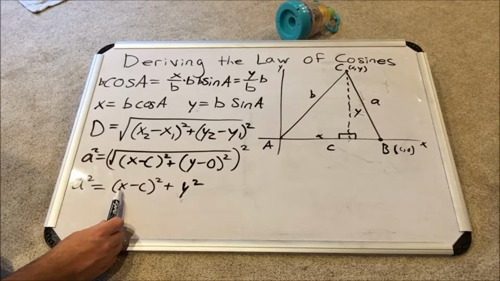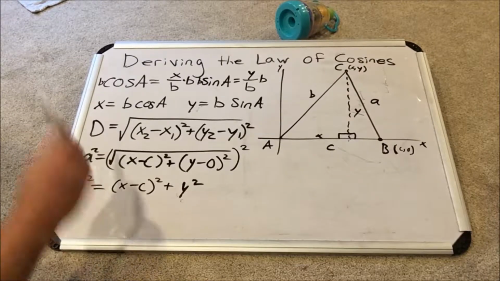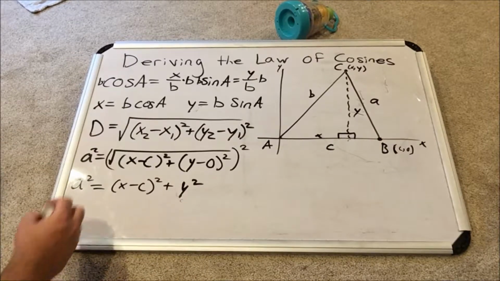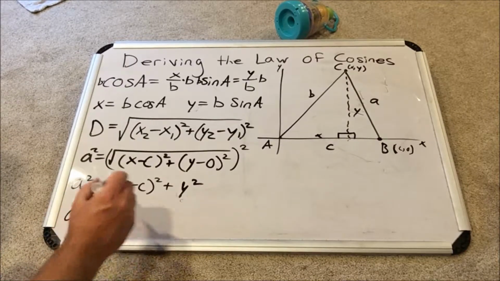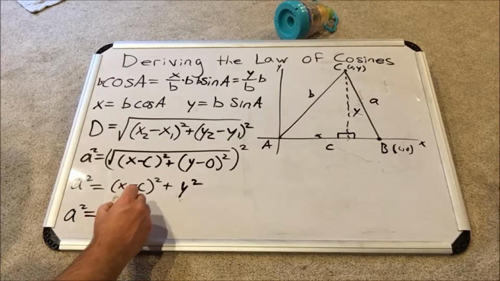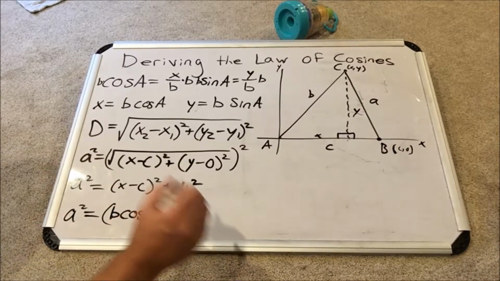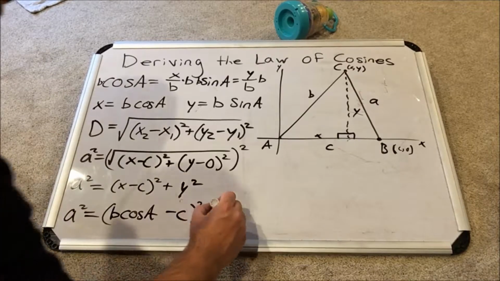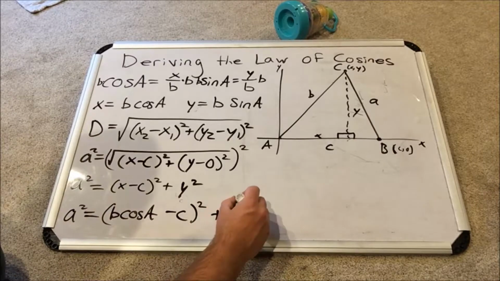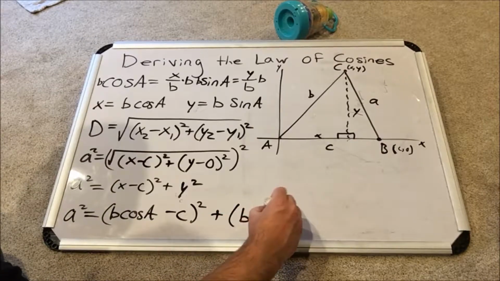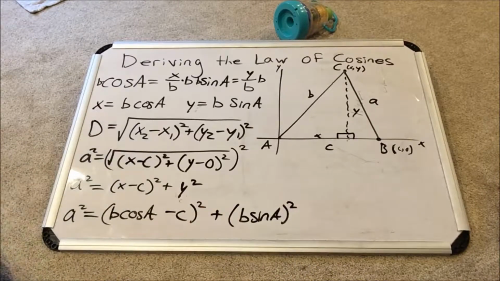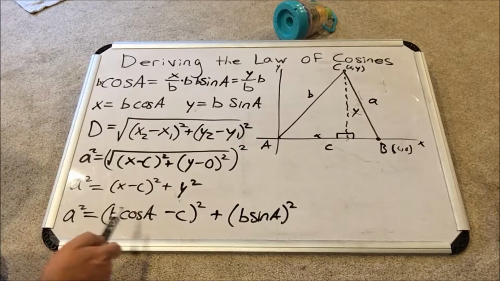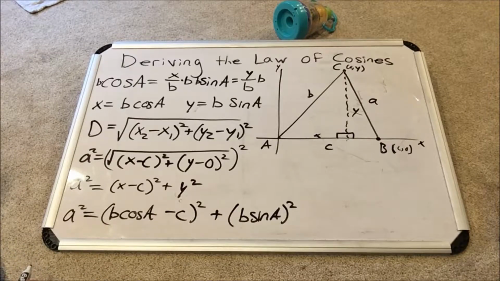So here at this x we will write b cosine A, and here at this y we will write b sine A. So a squared equals (b cosine A minus c) squared. And then y will be replaced with (b sine A) squared. And now we will have to expand this first term here because it's a binomial.